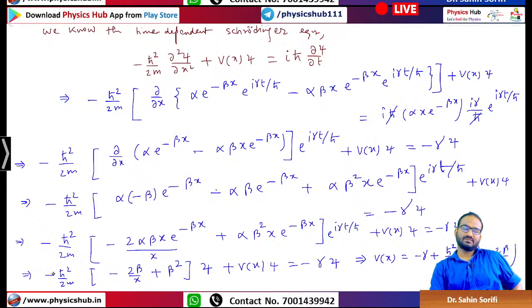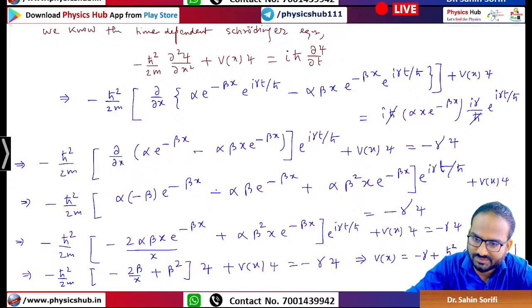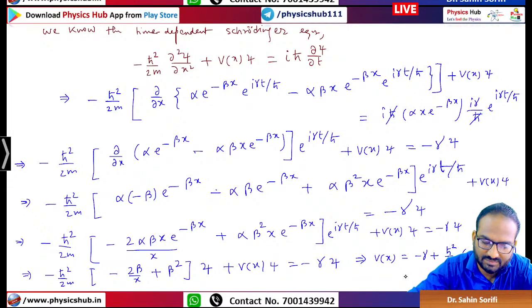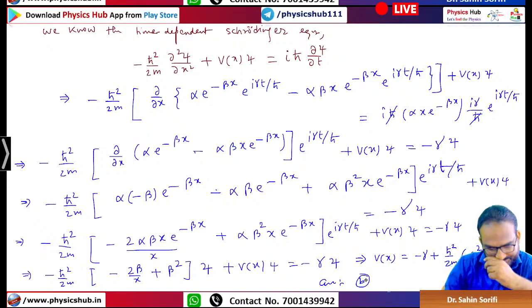This one going on the other side becomes plus. v of x is equals to minus gamma plus h cut square by 2m into beta square minus 2 beta by x, and that is matching with option B.